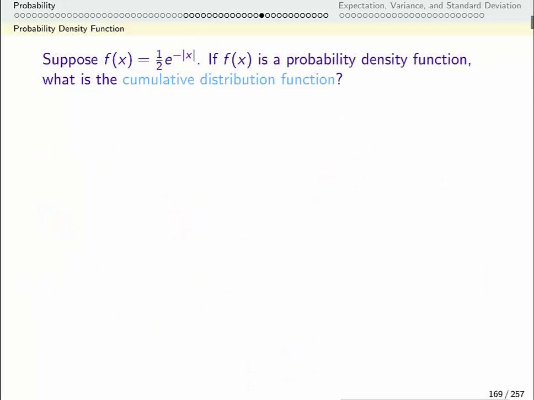Now we know that if a is 1/2, this function is a probability density function, so we can find its cumulative distribution function. Before we do, I'm just going to sketch this again. Let's call this the t-axis.